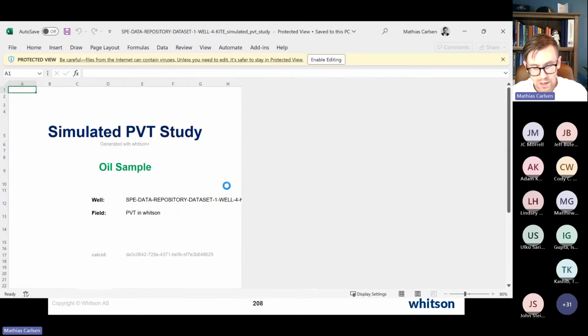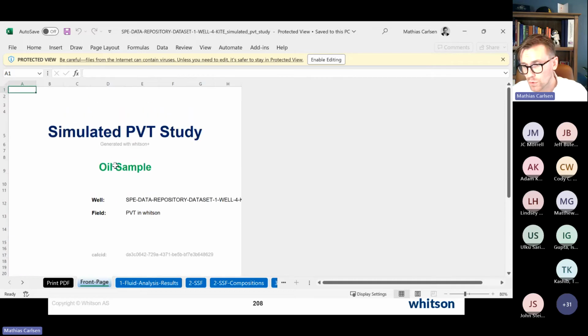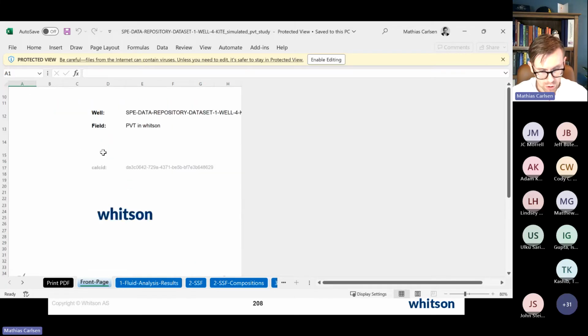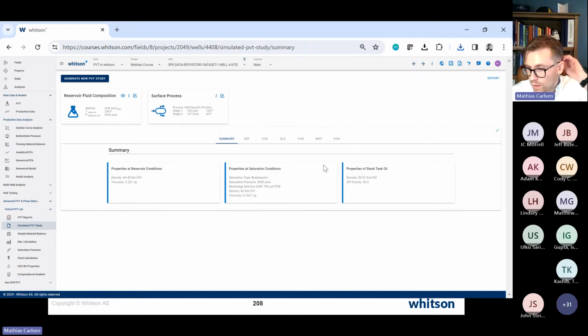It's called a synthetic simulated PVT report generated in Whitson Plus. It can be very helpful to communicate with, you know, non-op owners and so on. You can convert it directly to a PDF with the click of a button here. So that's a neat feature that a lot of people like to use.